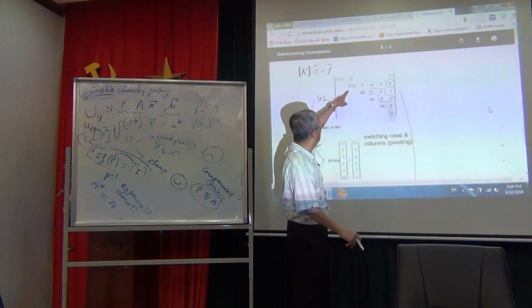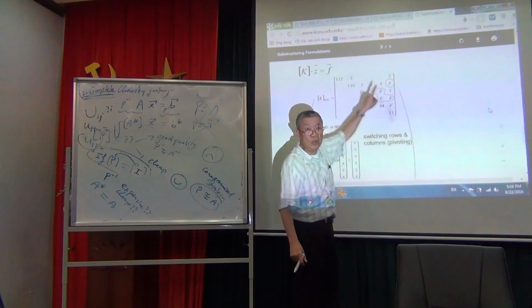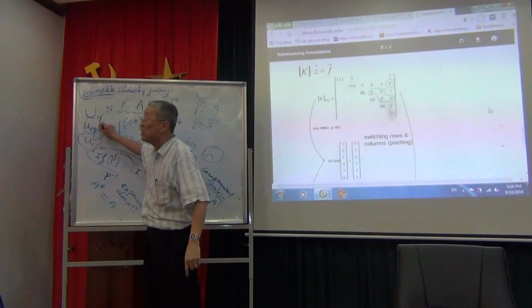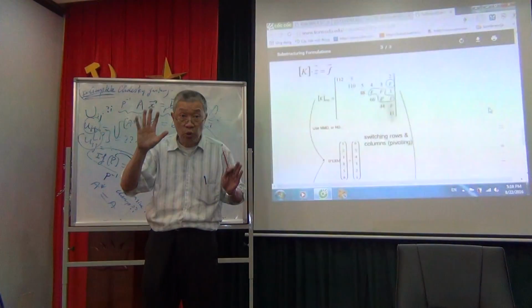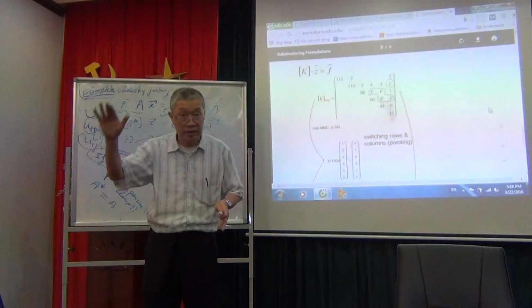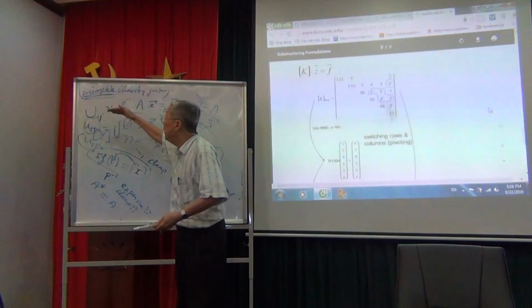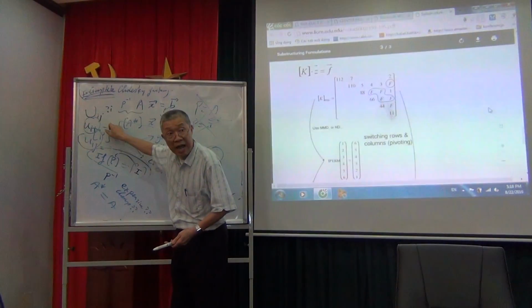And how do you find out this guy, U, row 2, column 2? You will apply equation 4. So my point is this. This is the conclusion. If you want to do the so-called complete Cholesky, you just apply equation 4 or equation 5, depending on whether you want to find diagonal or off-diagonal.